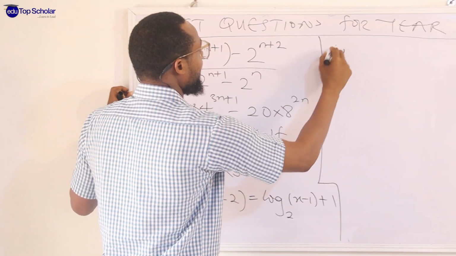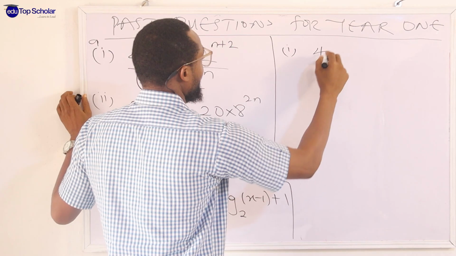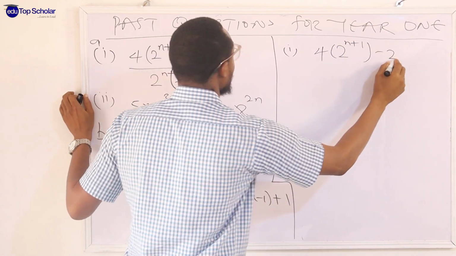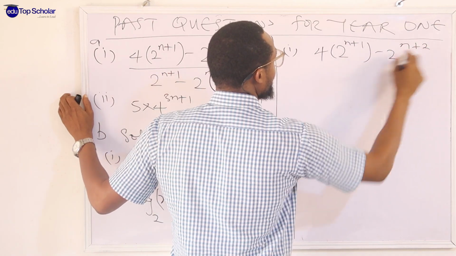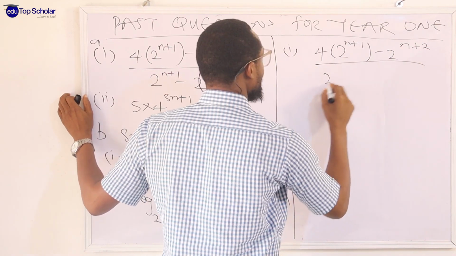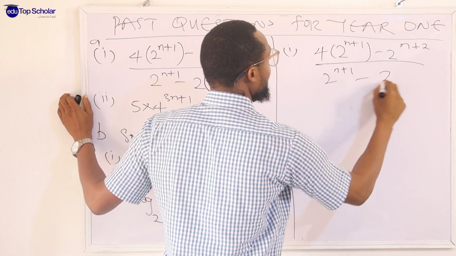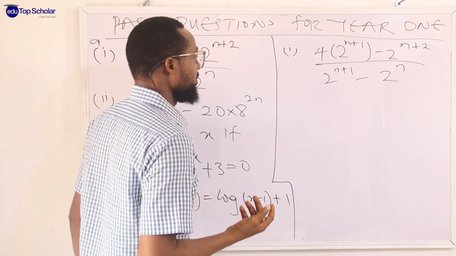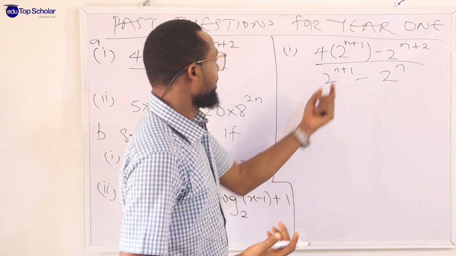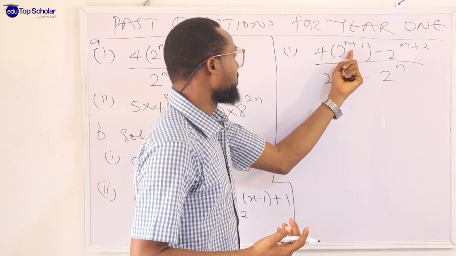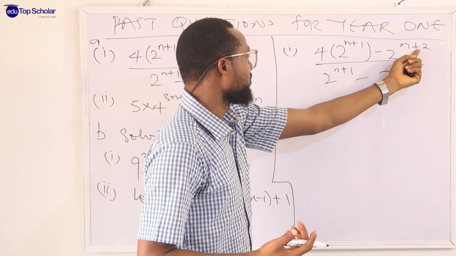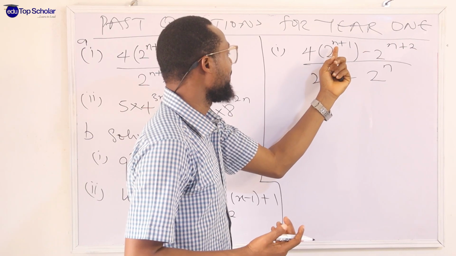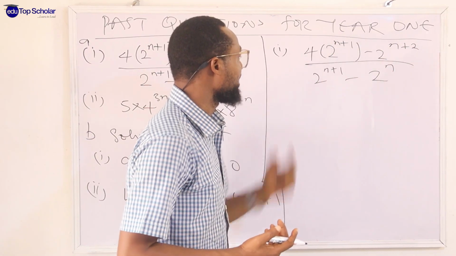For the first one, we have 4 into 2 raised to power n plus 1 minus 2 raised to power n plus 2, over 2 raised to power n plus 1 minus 2 raised to power n. When we look at this, what do we do? It's very straightforward. We have n plus 1 as the power, n plus 2 here, n plus 1, and so we have n in all the exponents.